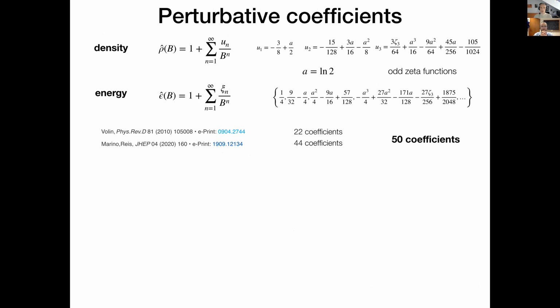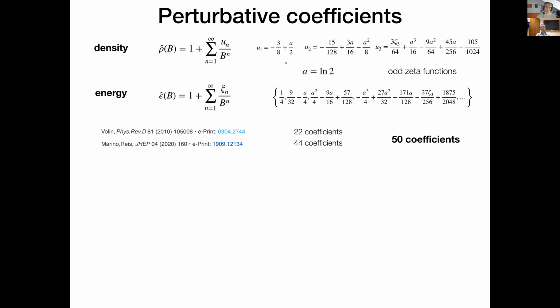So what are the numbers you will see? If you calculate this rho and you normalize out some dimensionful quantities such that the expansion starts with 1, it's an expansion in 1 over b. And then this is the first, second, third and so on. So you can go to high orders. I will explain in a minute how high.